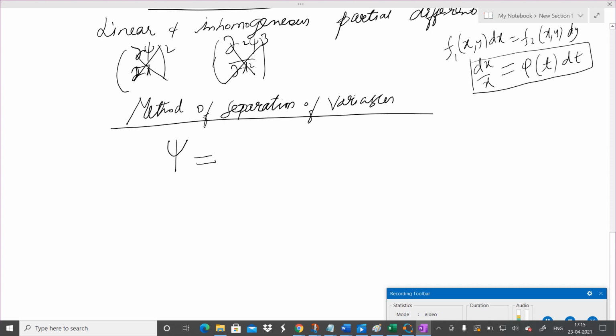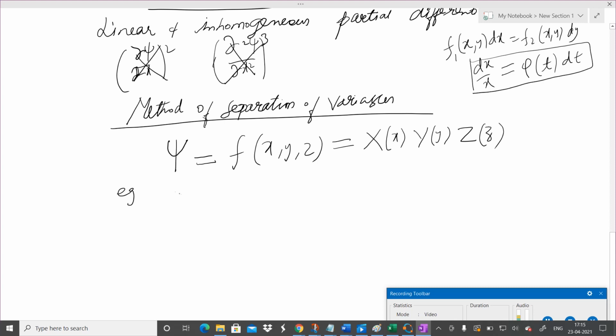So what can be a general solution? A general solution can be any function of x, y and z, but we assume a particular form wherein the x terms are separate, the y terms are separate, and the z terms are separate. I will give an example.